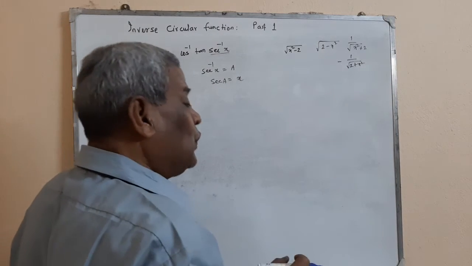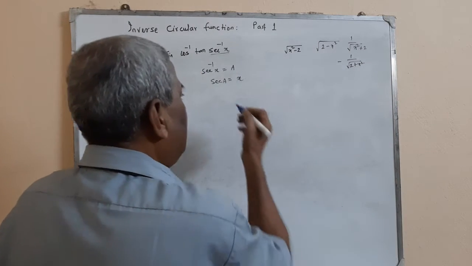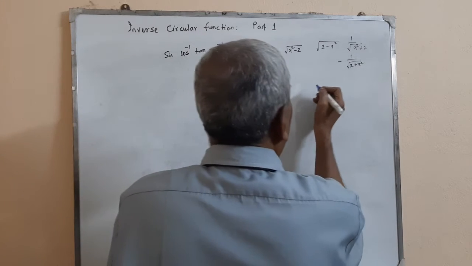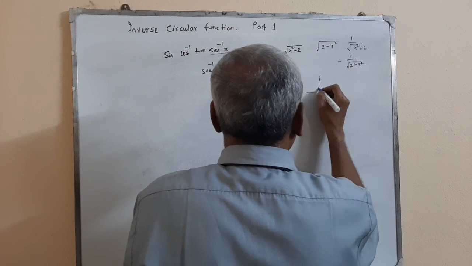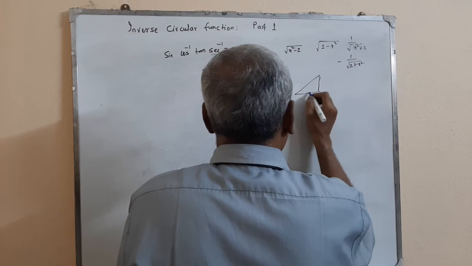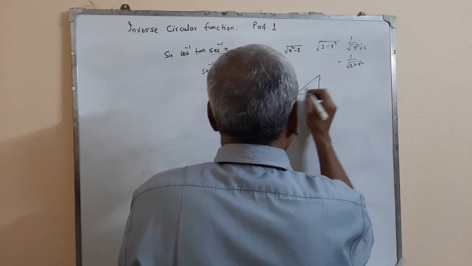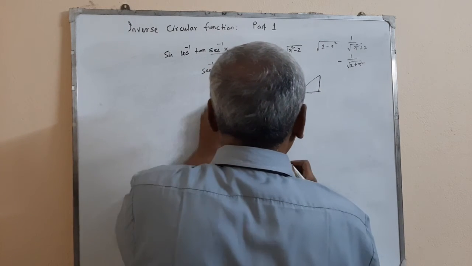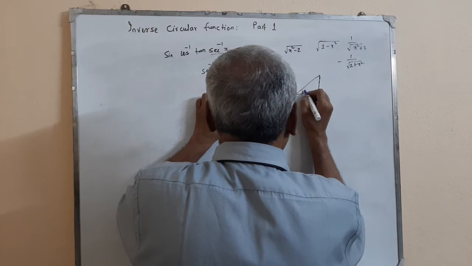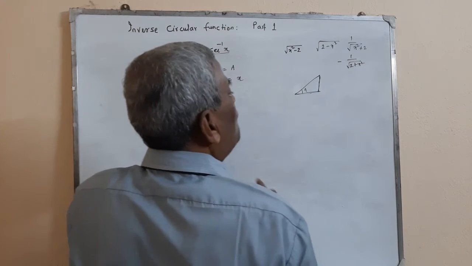Sec a is known, so tan a can be obtained, but considering a right angle triangle, we can do it in less time. Cos a is equal to 1 by x.